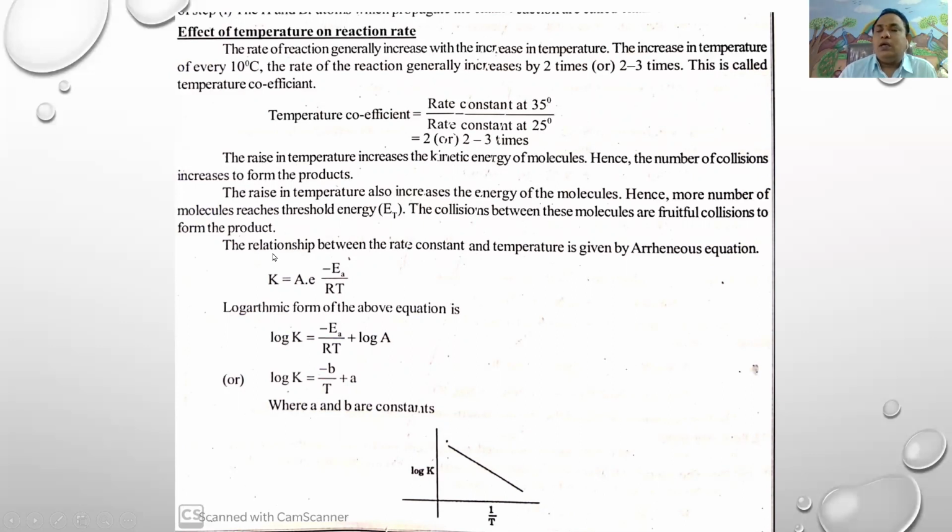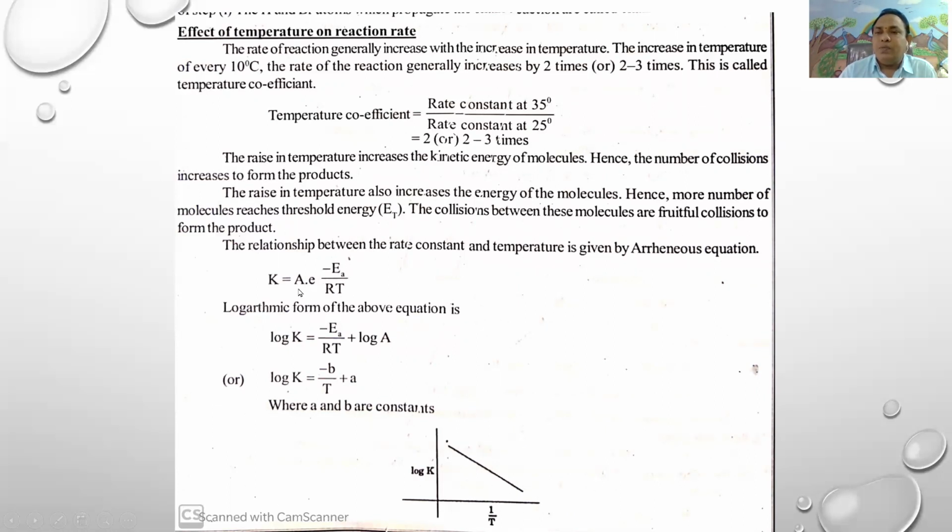products. Here the relation between the rate constant and temperature was initially given by Arrhenius. The Arrhenius equation is K equal to A into e to the power of minus EA by RT, where K is the rate constant, A is the frequency factor, EA is the activation energy, R is the ideal gas constant, and T is temperature.